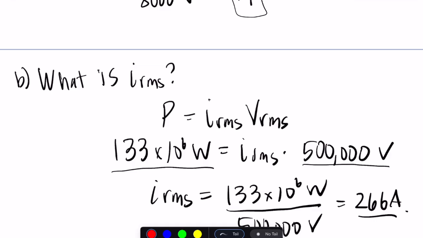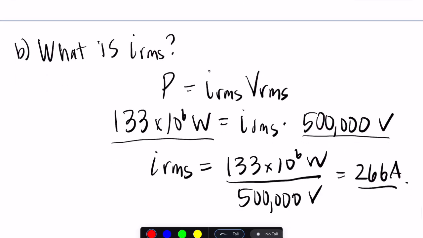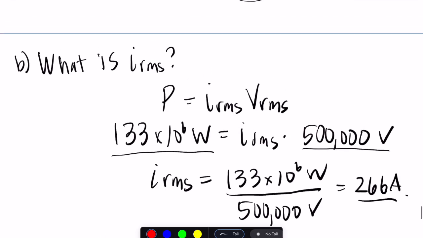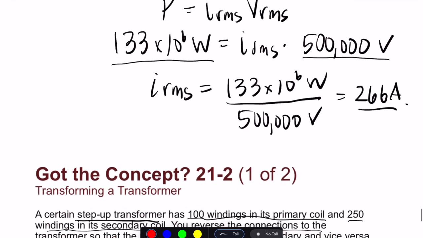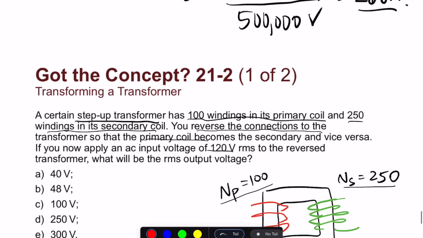So the power is going to equal 133 megawatts, our VRMS is 500,000 volts, and we can solve for IRMS, which is 266 amps. Pretty straightforward, right? Keeping track of what's the input and what's the output might be the most difficult part here.